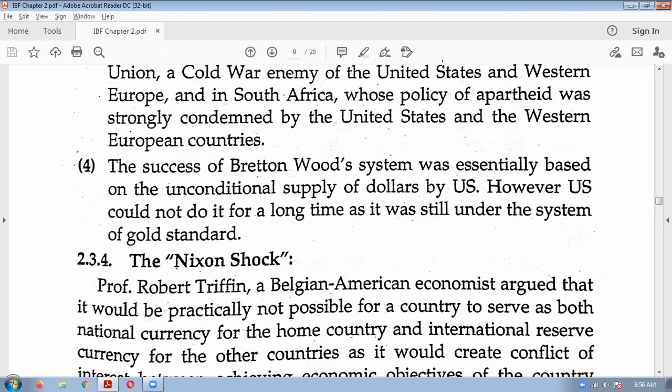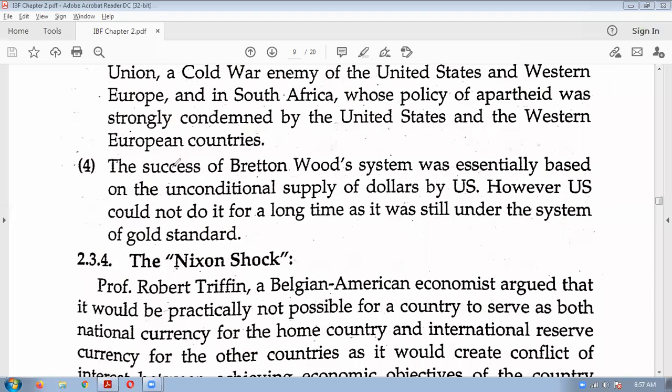In the agreement, if you remember, we have discussed just now that USA made an unconditional guarantee to buy or sell unlimited quantity of gold in exchange for fixed US dollars, that is $35 per ounce of gold.